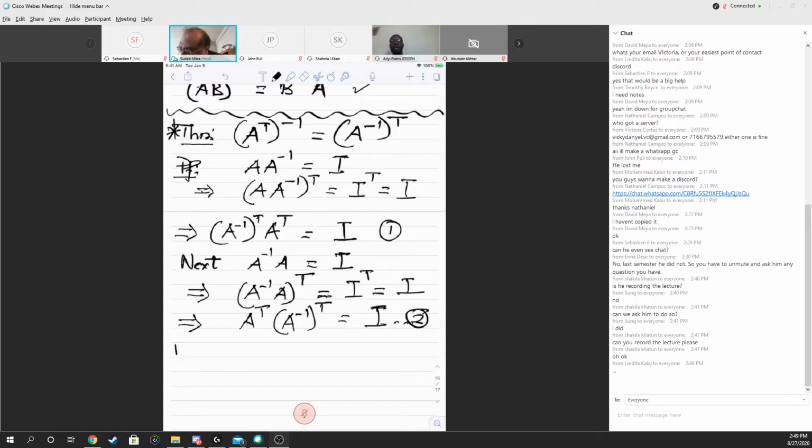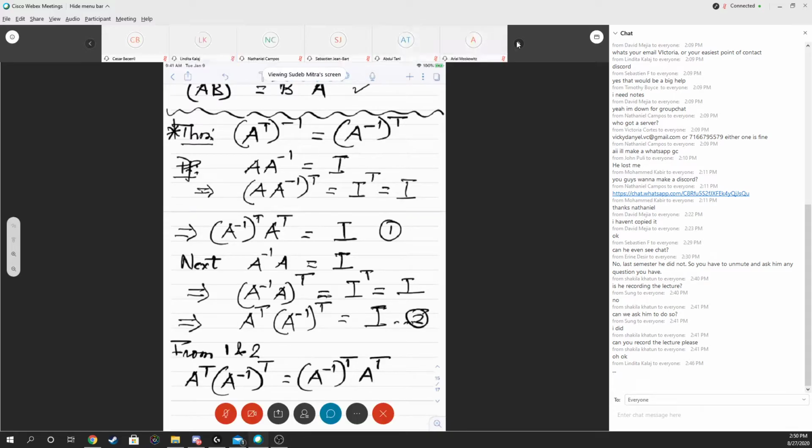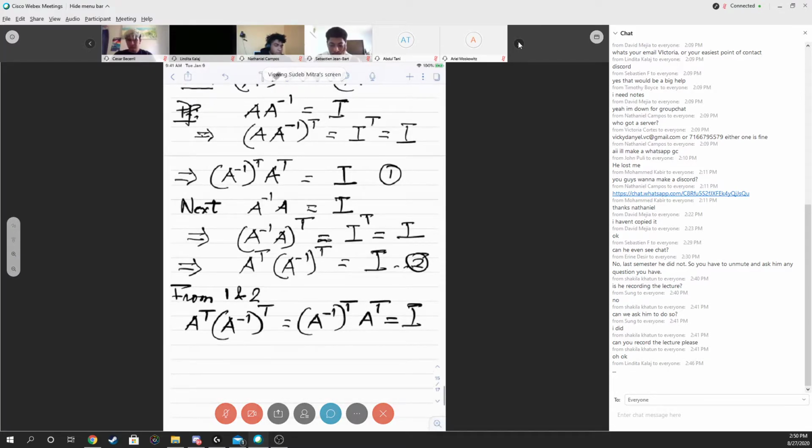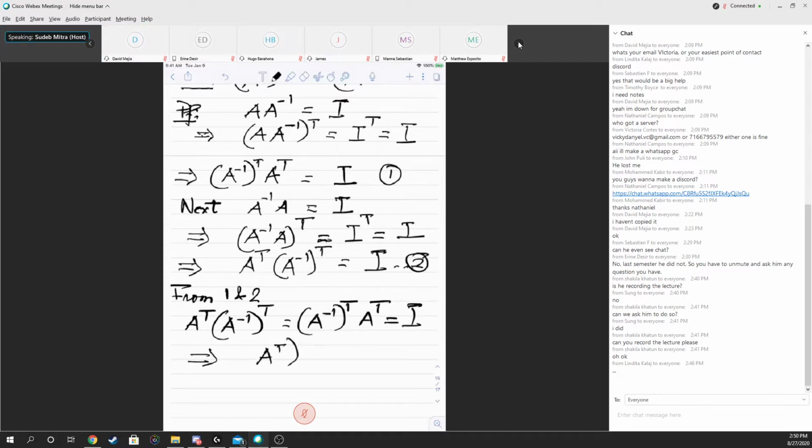So from 1 and 2, A transpose A inverse transpose is A inverse transpose A transpose is I. And that implies that the inverse of A transpose is equal to A inverse transpose.